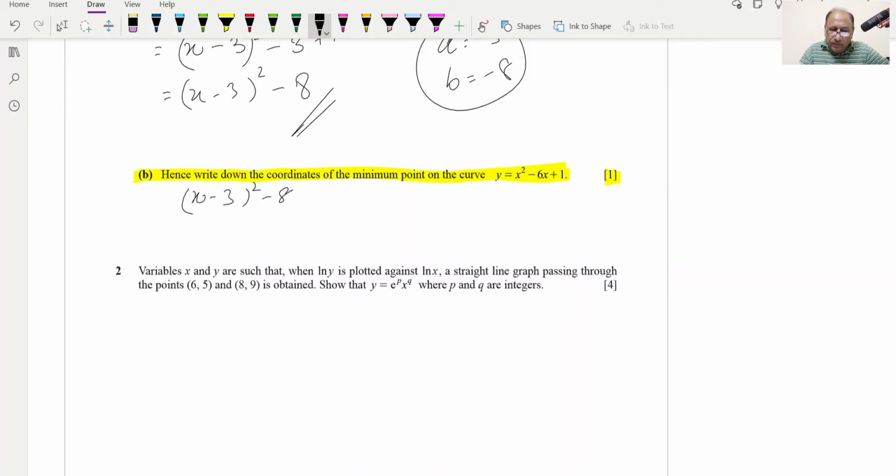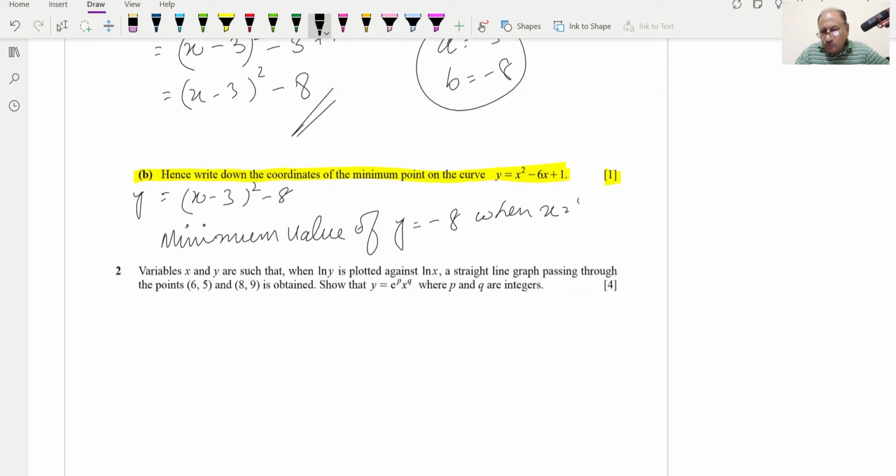We will write the minimum value of y will be equal to minus 8 when x is equal to 3, and the point will be (3, minus 8). So this is the 1-mark part which we are done with.